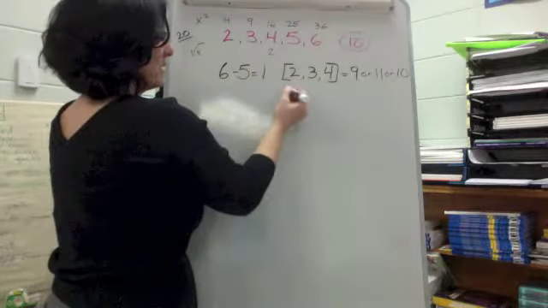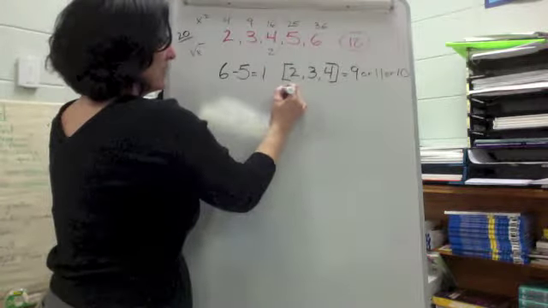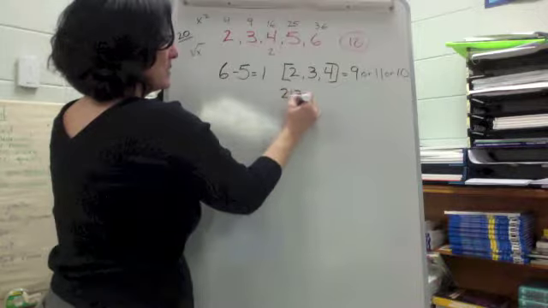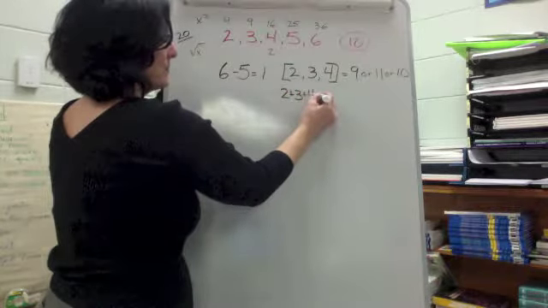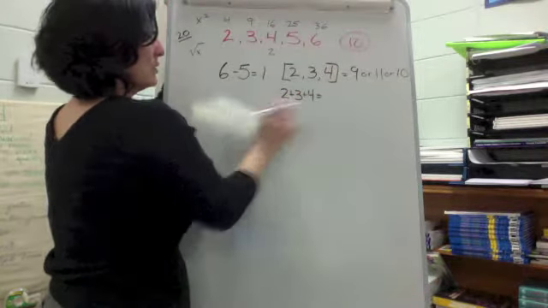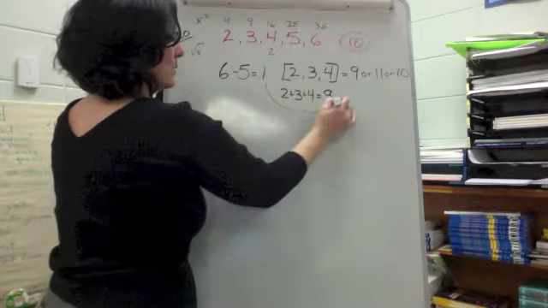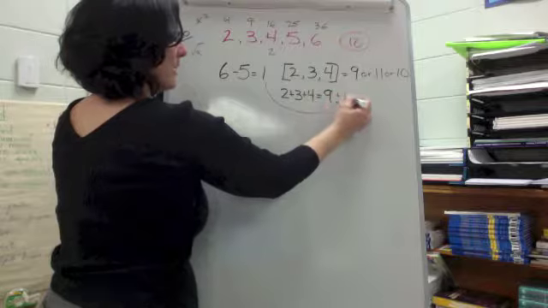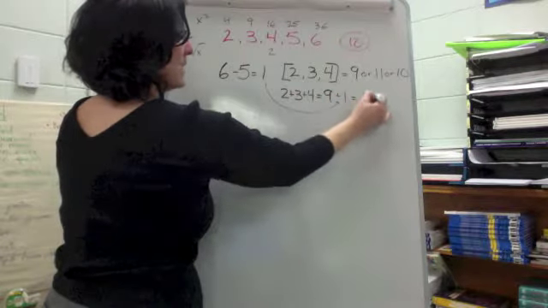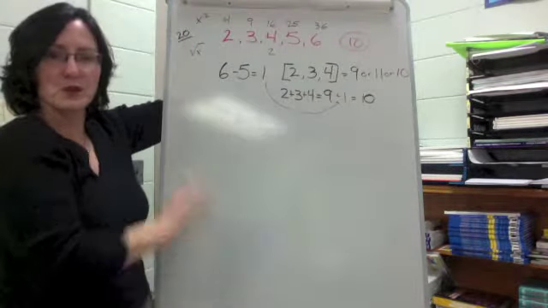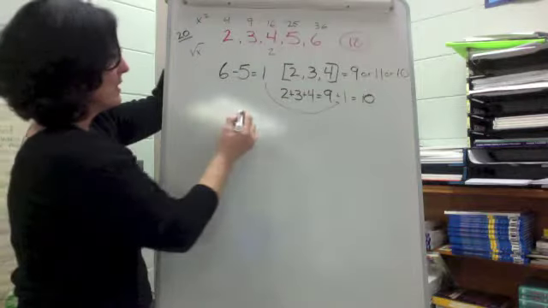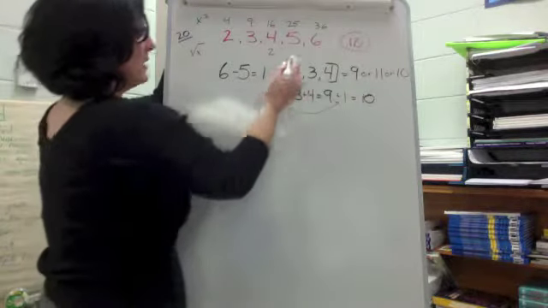So remember that I said I want how many different ways can we get it. So first of all, if I just add them together, 2 plus 3 plus 4 is equal to 9. And then I'm going to bring this one over here, add that one, and we have 10. So that's one way.